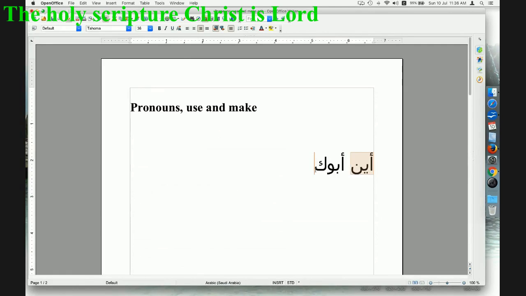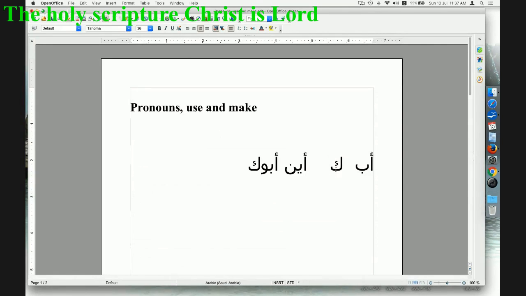Now today we are going to speak about a pronoun which is attached to this word. The original word of abuk is ab. So you notice we added the letter ka at the end, and that made it abuk.